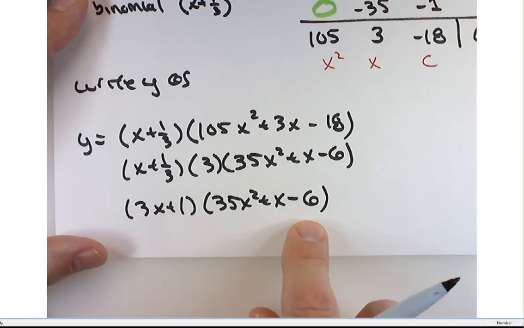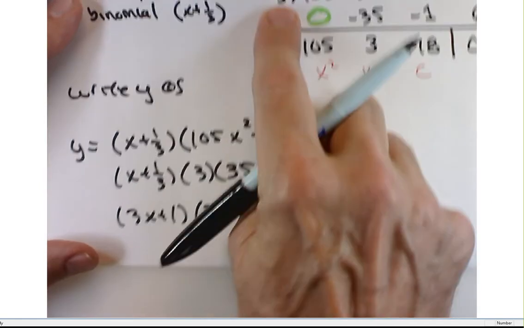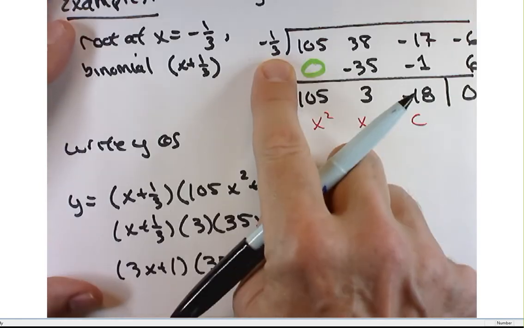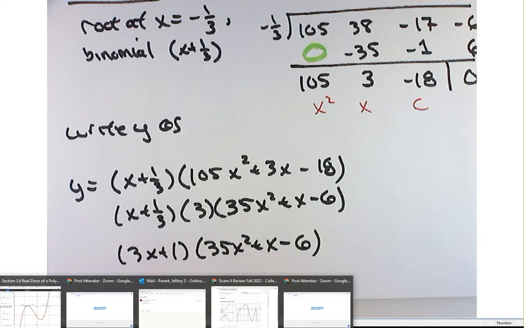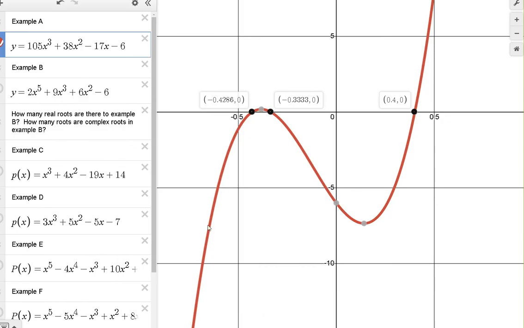Let's keep going. We were able to pick off that I had a negative 1/3 as a root. Is there any other easy low-hanging fruit that I can get from this? Well, let's look back at our graph. So that'd be this one over here. Yeah, nice. 0.4 is 2/5. Now let's just check something real quick here.